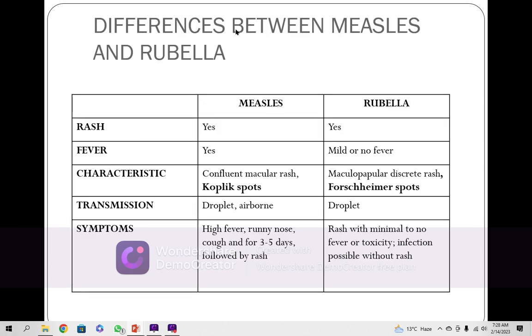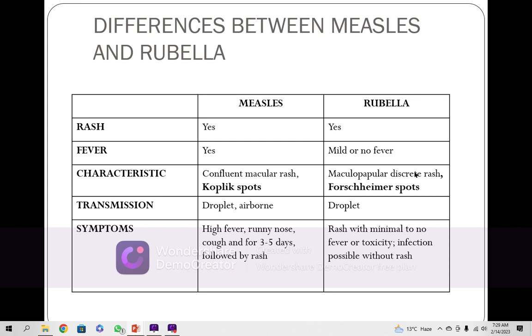The difference between measles and rubella: they are very similar conditions. Rash: measles, yes; rubella, yes. Fever: yes in measles; in rubella there may be mild fever or no fever. Characteristic of measles is a confluent macular rash starting from behind the ear, appearing on the face and the skin, and there will be Koplik spots.